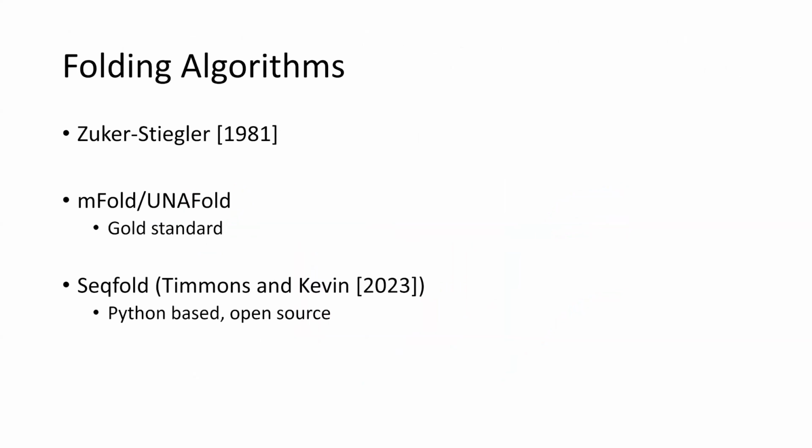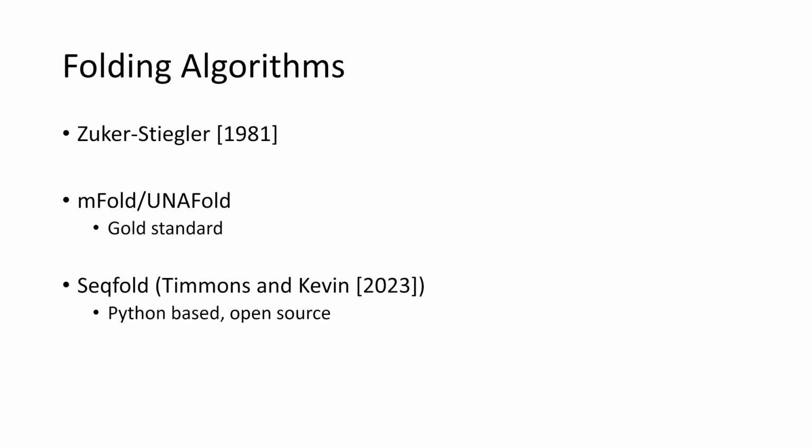First, let's talk about some folding algorithms. A lot of what GMFOLD is based on is the original Zucker-Siegler algorithm from 1981. GMFOLD and UNAFold use this as the quote-unquote gold standard. And recently, in 2023, there was some open source Python-based code to implement just this standard Zucker-Siegler algorithm.